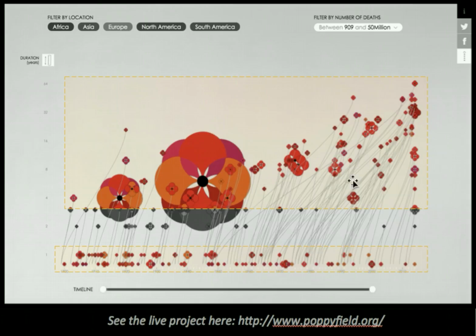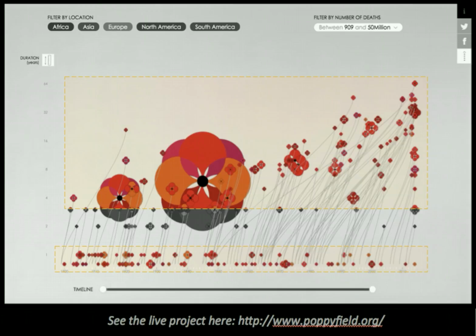matter. They have used the high emphasis on the poppies to really highlight the loss as a bright color, so that it really trickles through.